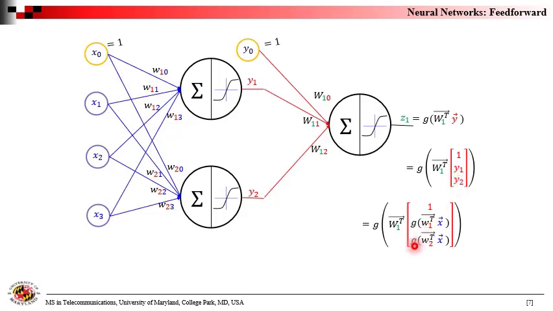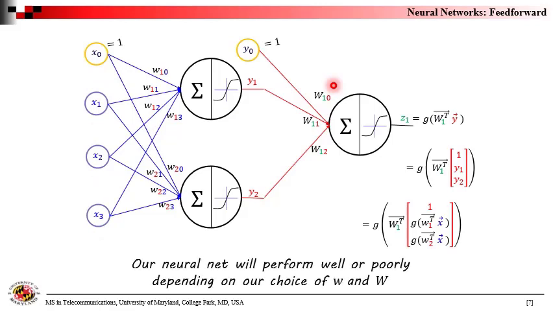And y2 is equal to the sigmoid function of this row vector times x, this column vector. And our neural net will perform well or poorly depending on our choices of the capital W's and these lowercase w's.